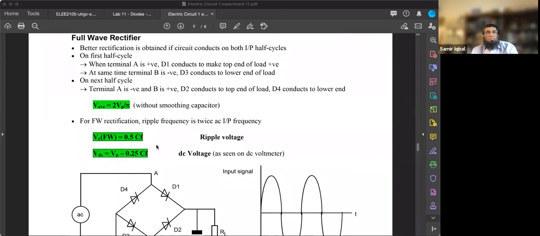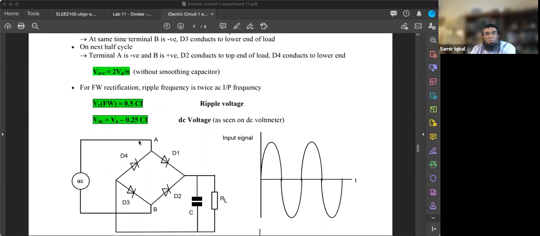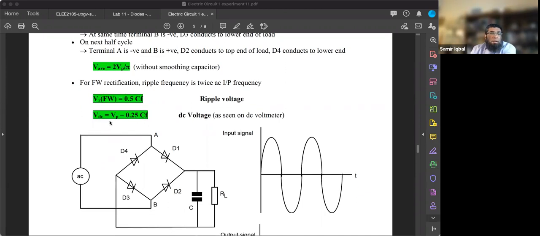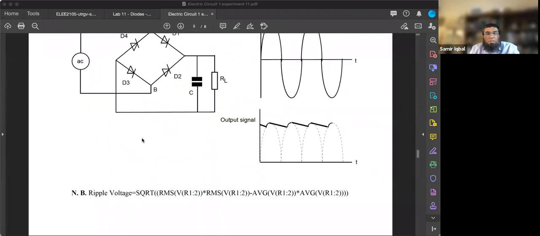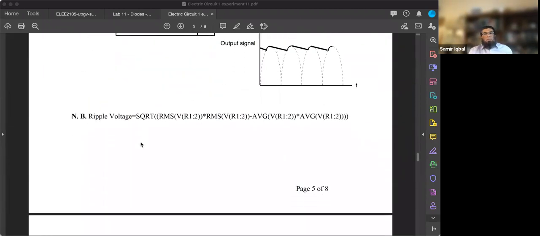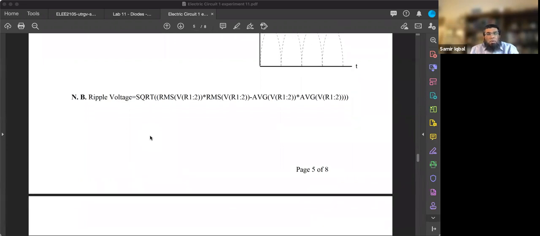And now we have half CF. And VDC is now a quarter of CF, subtracted from the peak voltage. So that gives us, for voltage, a slightly involved relationship, which is the square root of the RMS value of R1 to 2.